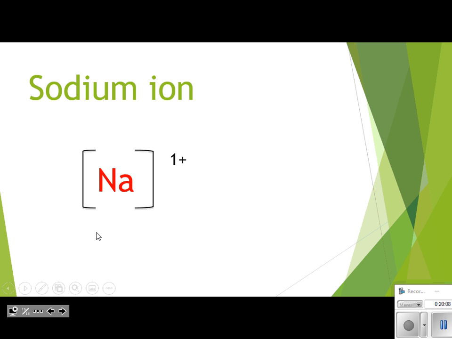So those cations and anions that I introduced to you last unit are dealing with gaining and losing electrons.